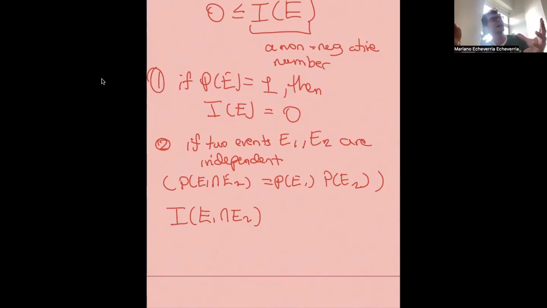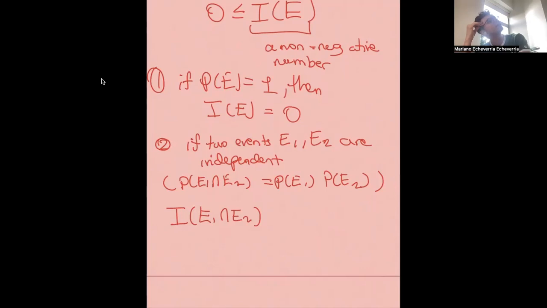The information I gain from knowing that there's an earthquake tomorrow and knowing that it's raining tomorrow just adds up together, because the events are independent. A better analogy is the memory you would need to store in a computer that it rained tomorrow and that there was an earthquake: it would be the sum of the individual memories needed.